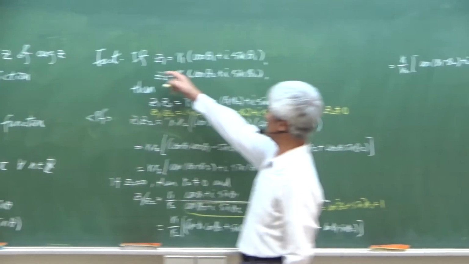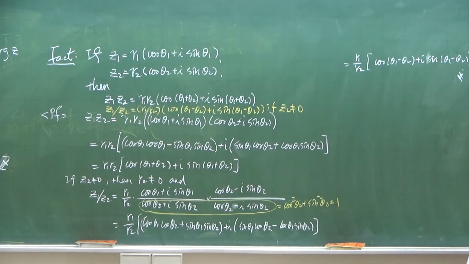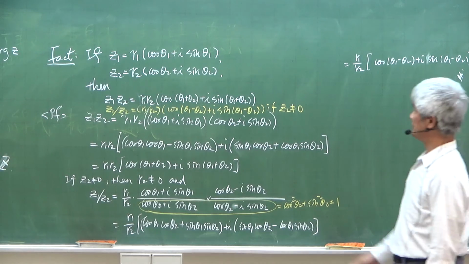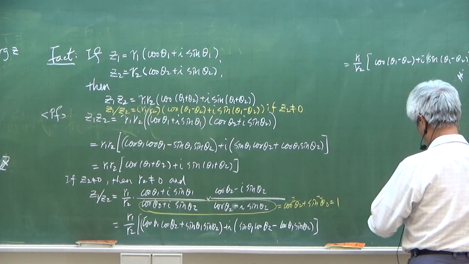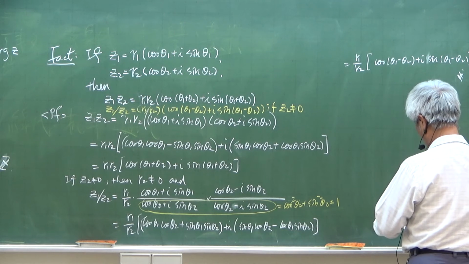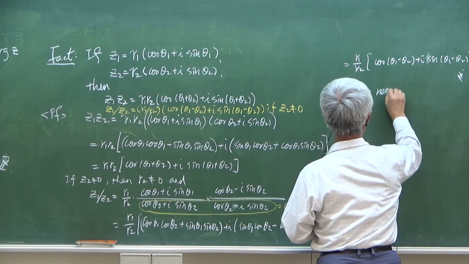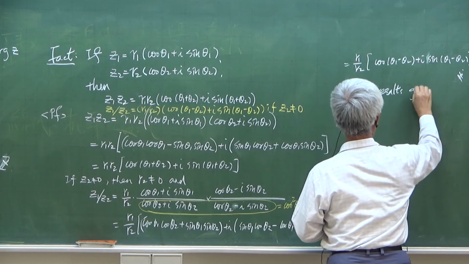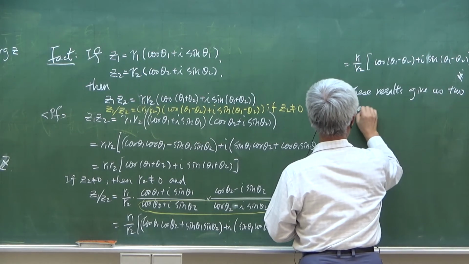This is some simple algebra we can have. So this result gives us two identities.